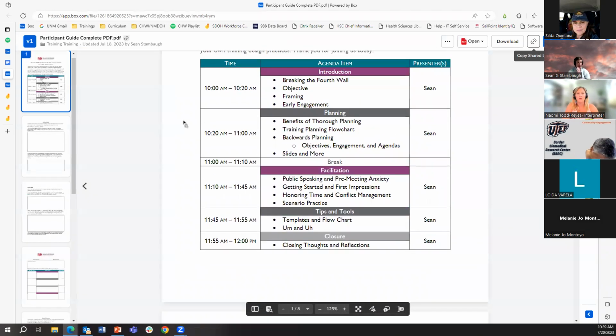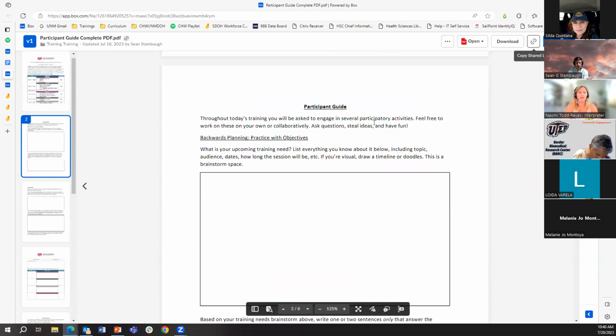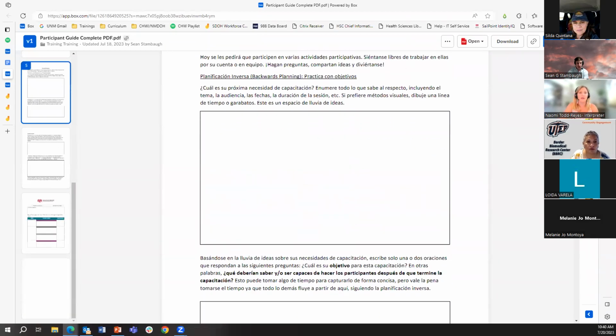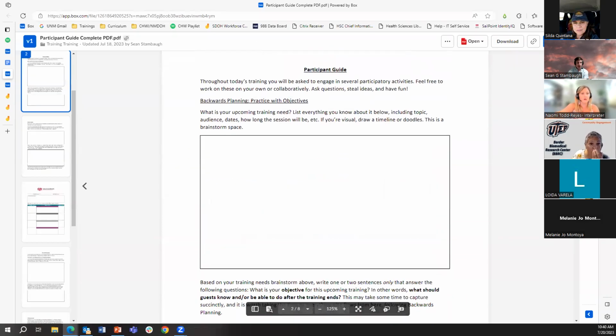And on the participant guide, in English, you'll want to go to page 2. In Spanish, you will want to go to page 5. And we're going to begin doing some work on the participant guide, starting with backwards planning and objectives.